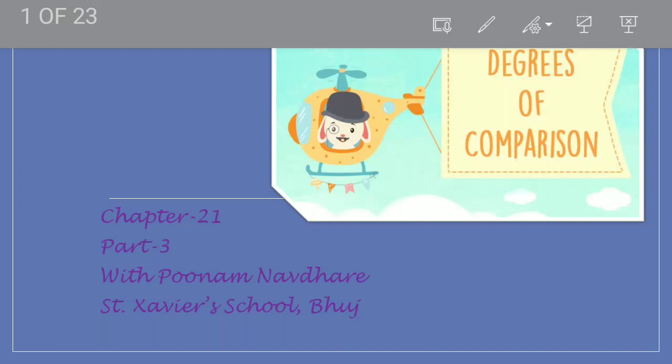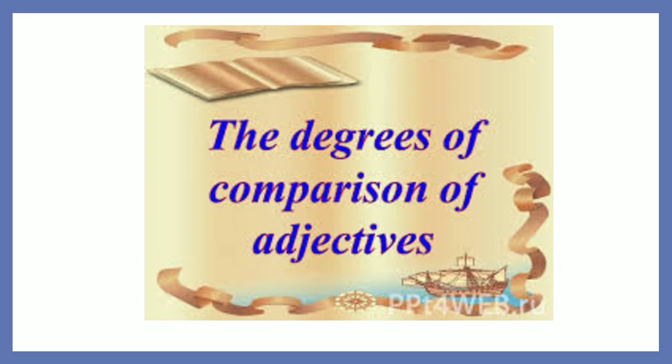Today, we are going to continue the same chapter number 21, that is degrees of comparison. Before proceeding further, let us recapitulate what we have done in our previous class. We have discussed the degrees of comparison of adjectives.